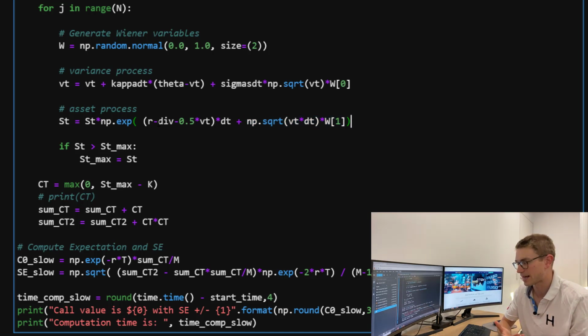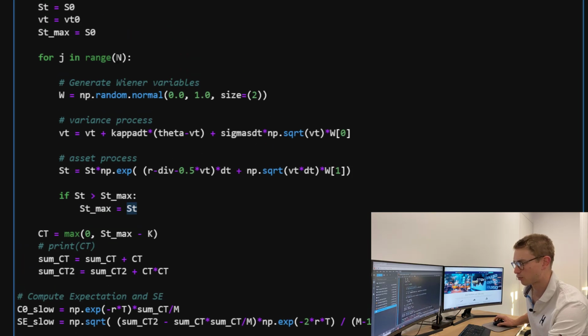Once we've stepped through one place in time, we look at our new stock price, and if it's greater than our already observed max, we set the max equal to that value. Then we step through all 52 intervals.